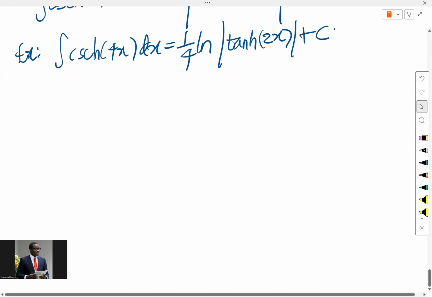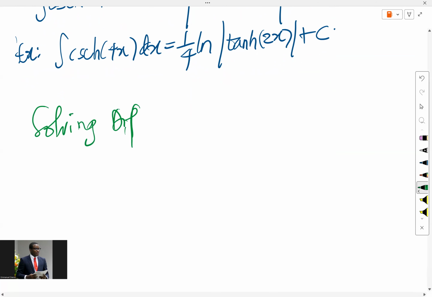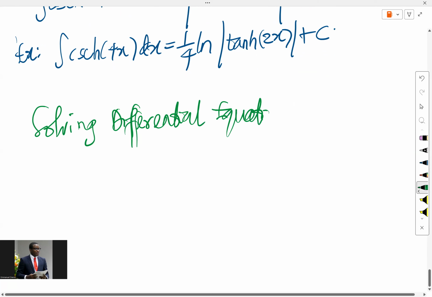So finally, in all this, we can also refer to how you can use this to solve differential equations. So let's talk about solving differential equations with hyperbolic functions.